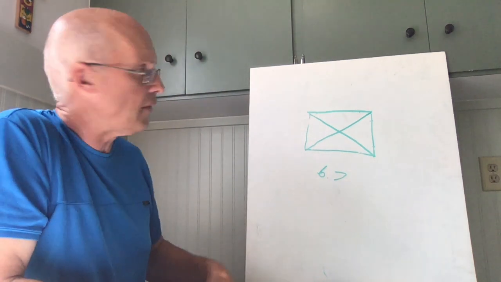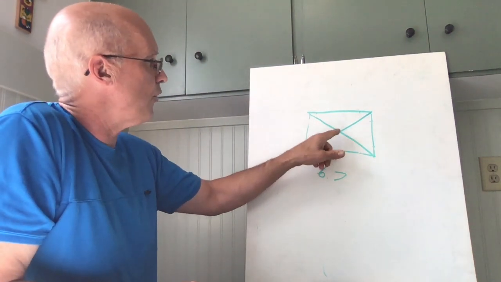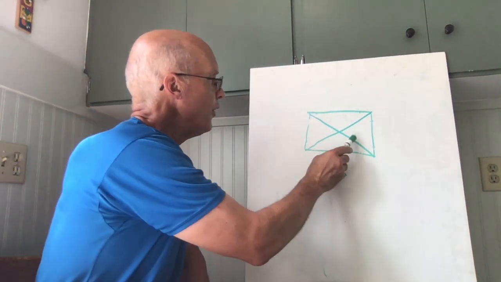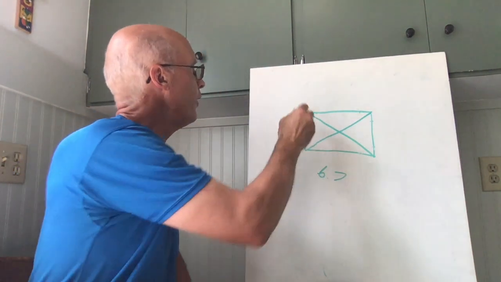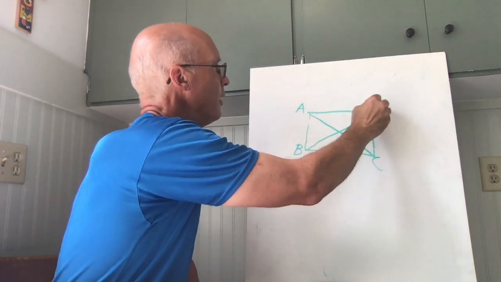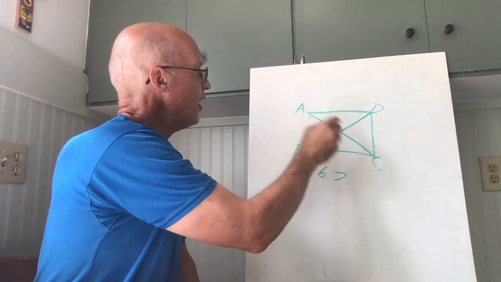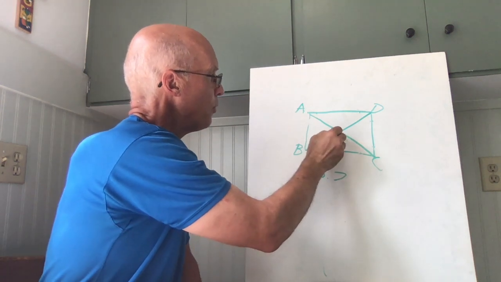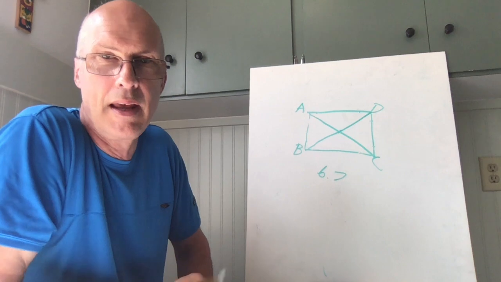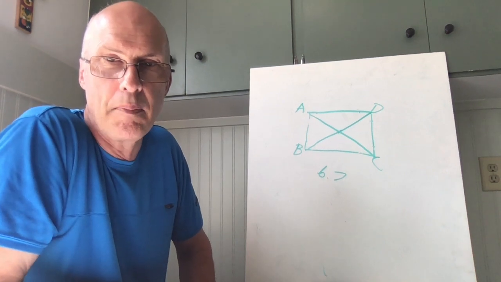Theorem 6.7 says when you draw the diagonals, they're going to bisect each other. This line segment, we'll call this A, B, C, and D. So line segment AC is perfectly divided in half by BD and vice versa. They bisect each other.